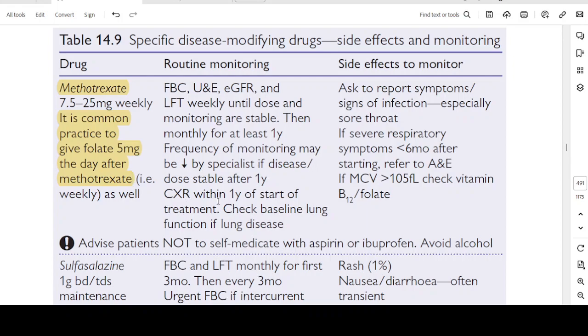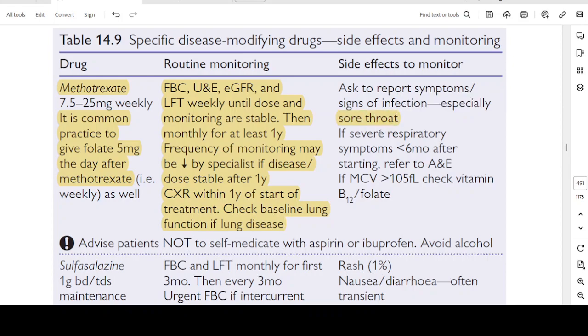Chest X-ray within 1 year of the start of treatment. Check the baseline lung function if lung disease is present. So, if the rheumatoid arthritis is affecting the lungs, then check the baseline lung function and then a chest X-ray within 1 year of starting treatment. Side effects to monitor: ask patients to report symptoms or signs of infection, especially a sore throat.